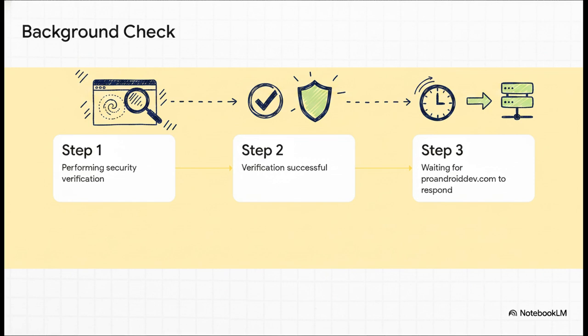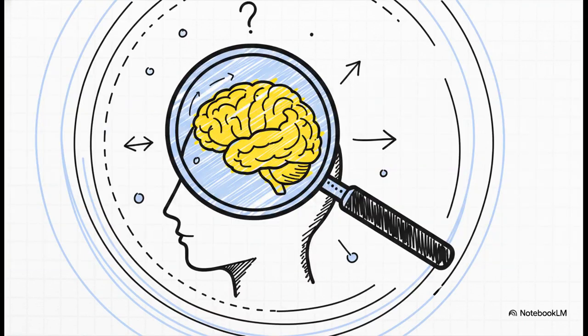And finally, Step 3 is the handoff, waiting for the destination server to actually respond with the content you wanted in the first place. Notice that active phrasing right there, verifies you are not a bot. You aren't just sitting in a passive holding pattern waiting for a connection to establish. Oh no, your browser is undergoing an active, silent interrogation, solving complex, invisible cryptographic challenges just to prove you exhibit human behavior.